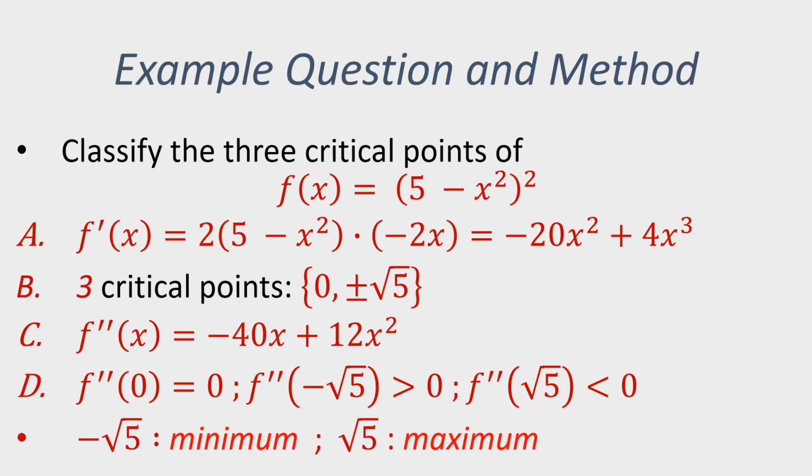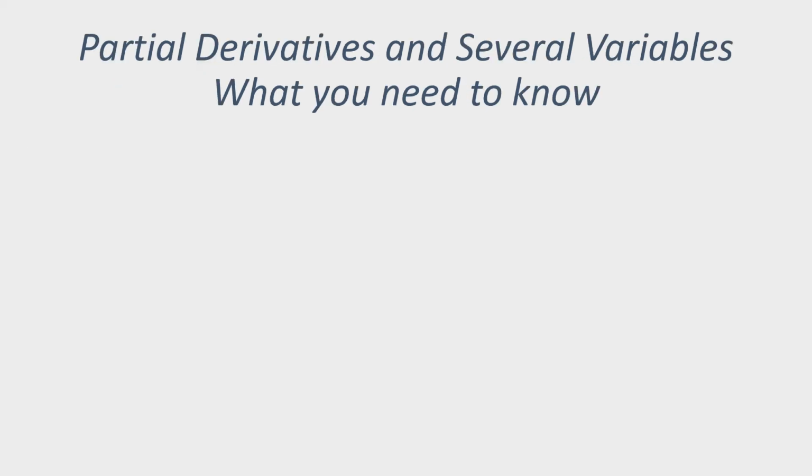And so that tells us that the negative square root of 5 is a minimum critical point because this is greater than 0, this is positive. On the other hand, the positive square root of 5 describes a maximum because the second derivative is negative for that particular value.